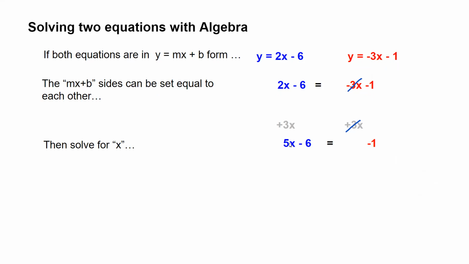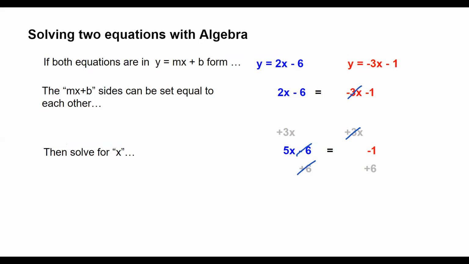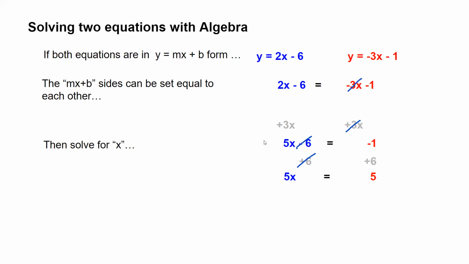Now, since we're trying to isolate x, we want to do the opposite of subtract 6. So we're going to add 6 to both sides. That's going to cancel out our 6. And when we do that, we are left with 5x equals 5.